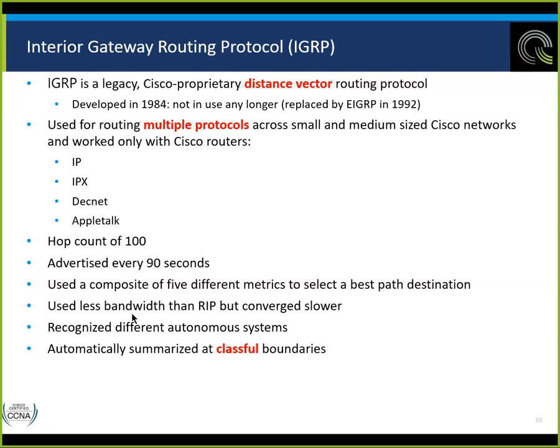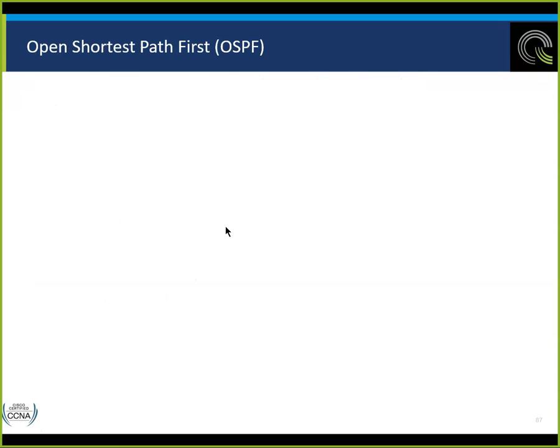It automatically summarized at classful boundaries, and we could load balance traffic across equal or unequal metric costs. The default is equal cost load balancing. We can configure it as unequal cost load balancing. So the next thing that we're going to do is OSPF.